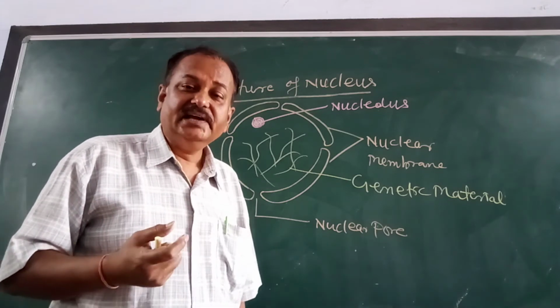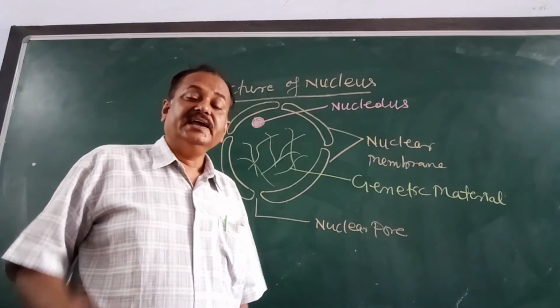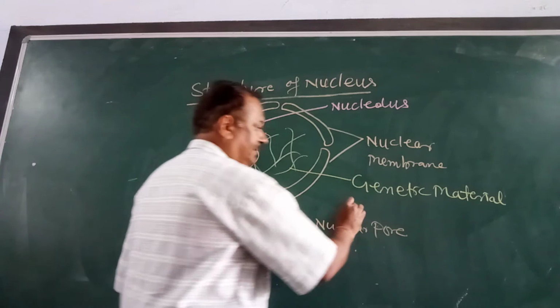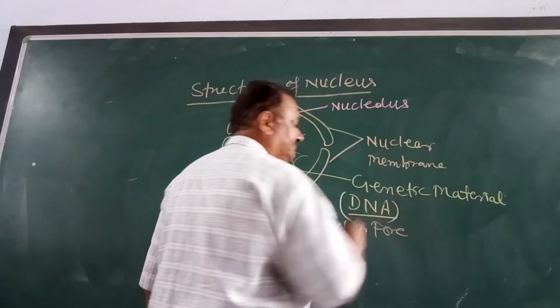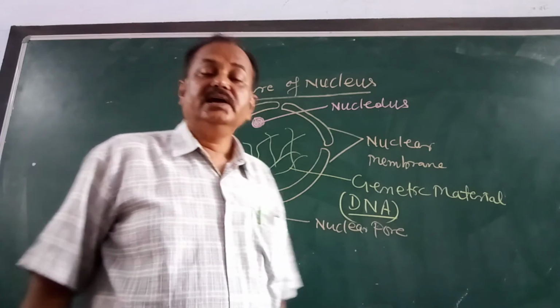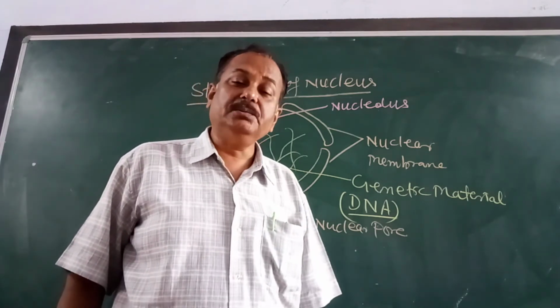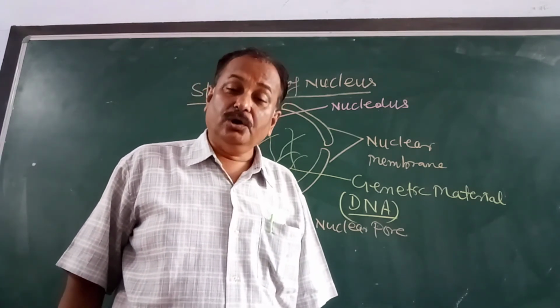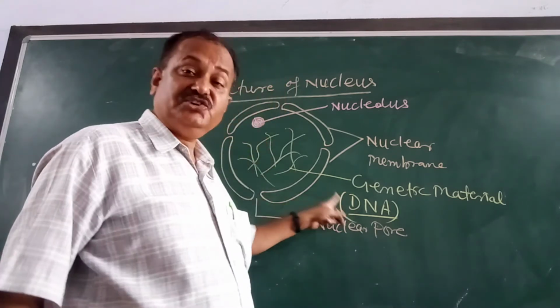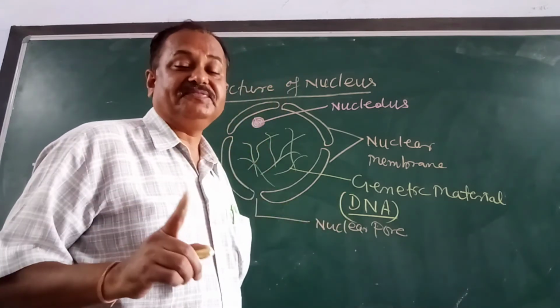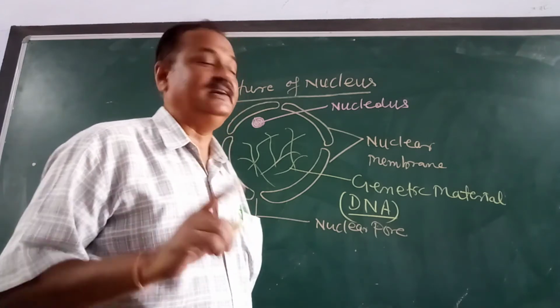Once again I am repeating, genetic material is in the form of DNA. DNA is the chemical substance. DNA stands for deoxyribonucleic acid. So it is responsible for the transmission of characters from the parent to a child.